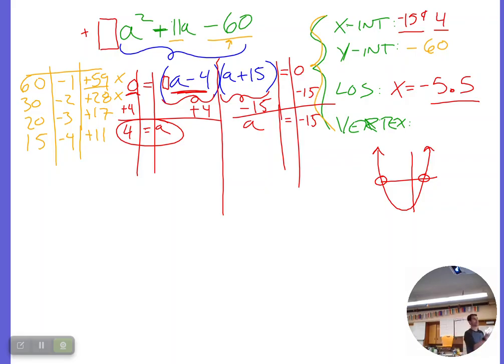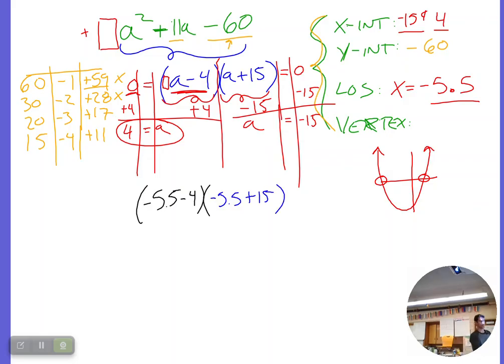So instead of a, I'm going to write negative 5.5. So we have negative 5.5 minus 4, and we're going to multiply that by negative 5.5 plus 15.